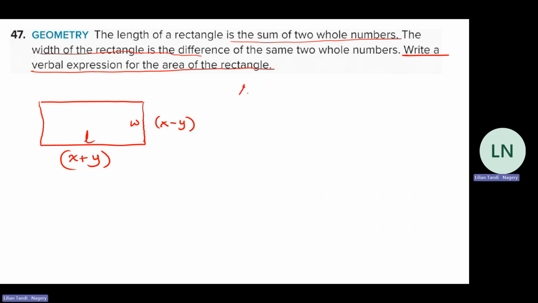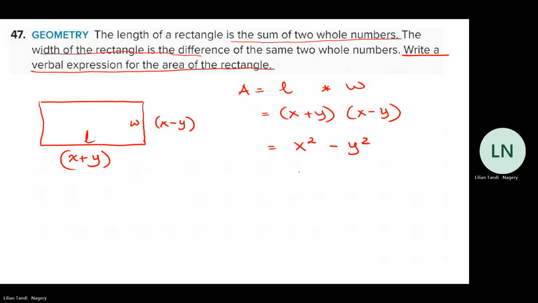Okay. Area equals length times width. (x + y)(x − y) is the same as saying x squared minus y squared. So, write a verbal expression.